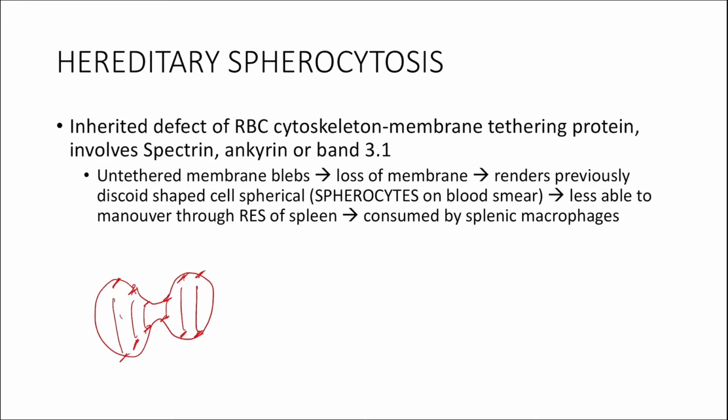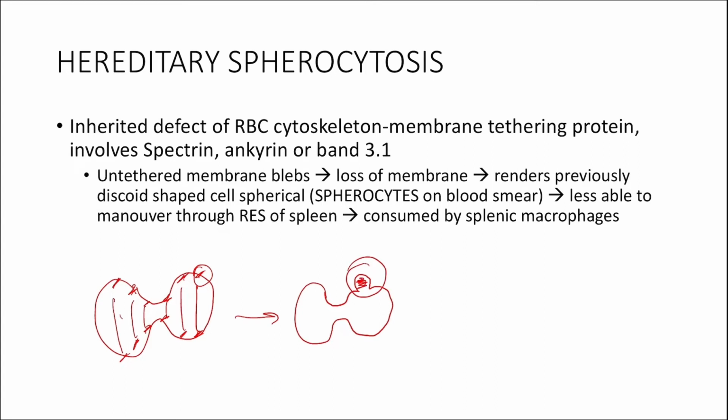What happens in people with this disorder is that this protein is messed up. It's problematic, which means that the membrane is not as strong as it used to be. As a result, you have these defective red blood cells which have blebs on their membrane.